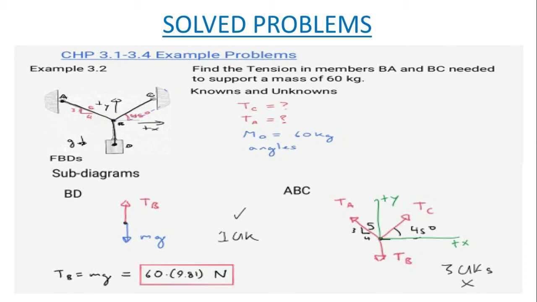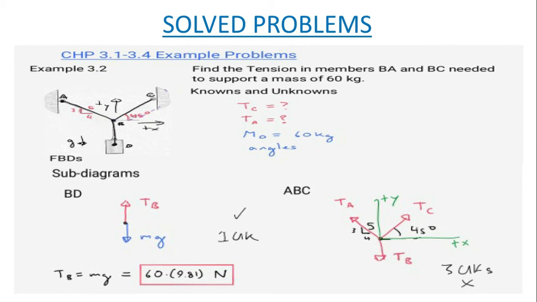For TA, they have given the orientation of the angle in terms of hypotenuse, base and perpendicular: 3 is vertical, 4 is horizontal, and the hypotenuse is 5. The tension TB is acting downwards, and you have already calculated what it is.